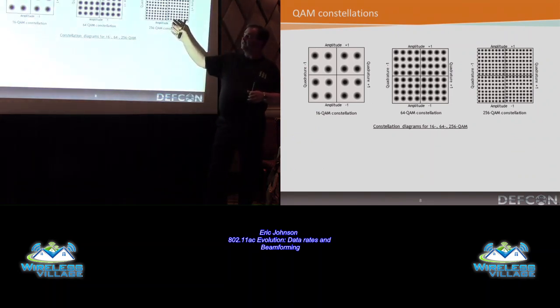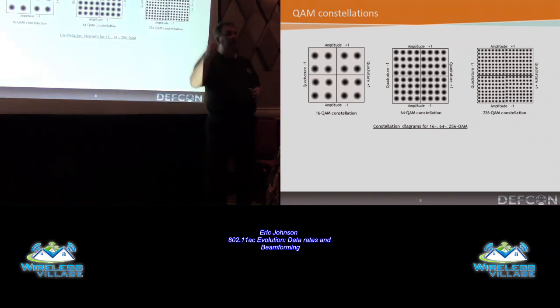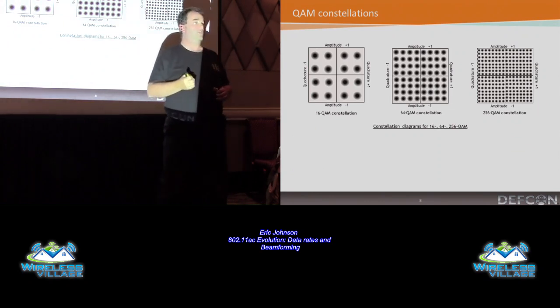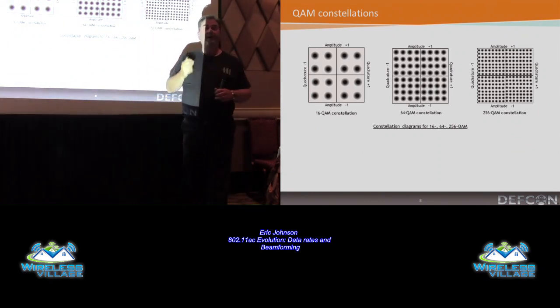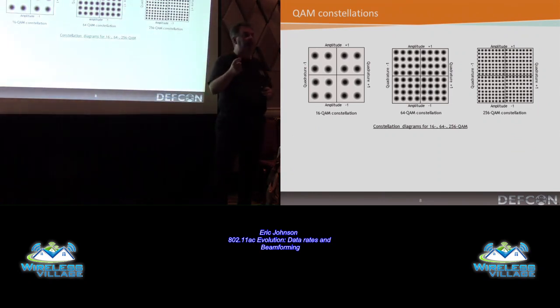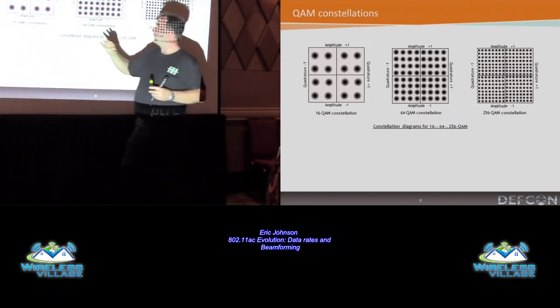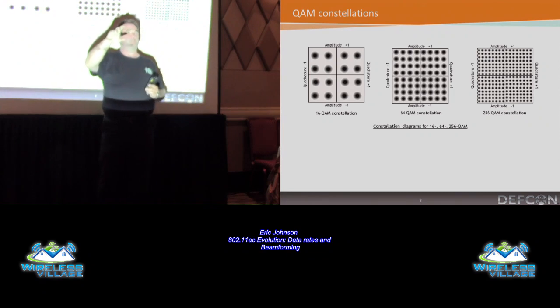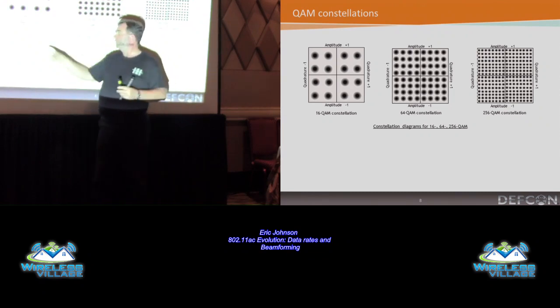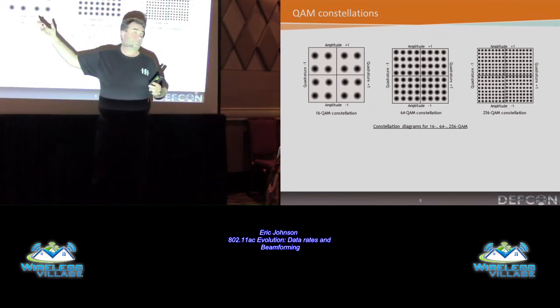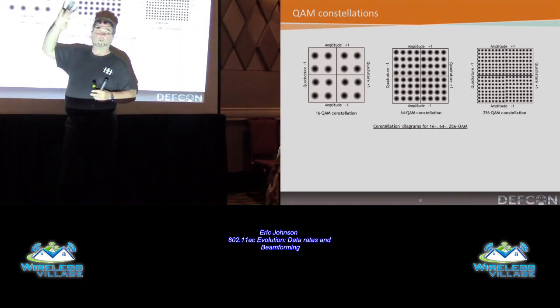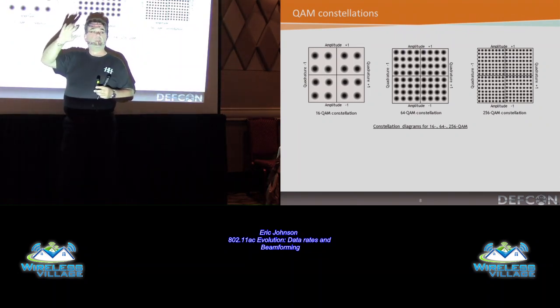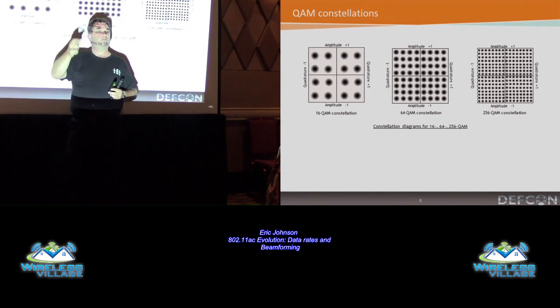What this is basically, so most people look at these pictures and they think, okay, the radio is sending all of these things all at the same time. What's happening is we talked about this concept of a symbol, right? So if I'm talking about a 16 QAM signal, when I create my symbols, that's made up of 4 bits. So by the way, 16 is 2 to the 4, interestingly enough. Those 4 bits help you pick which location you're using on each transmission.